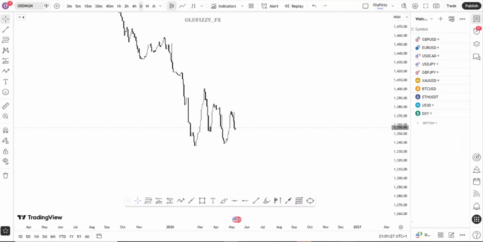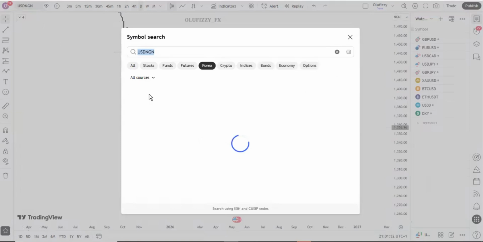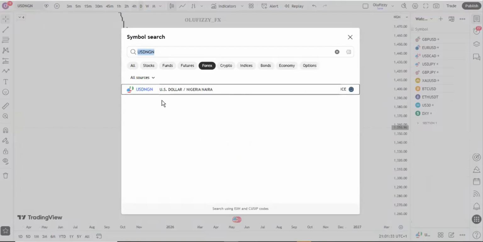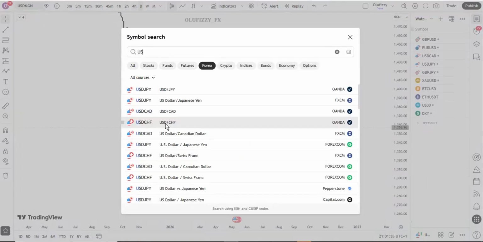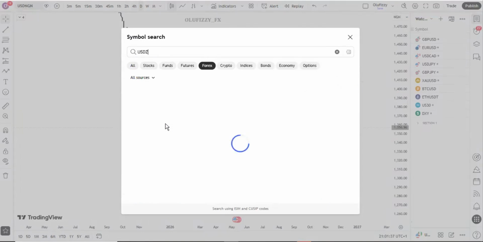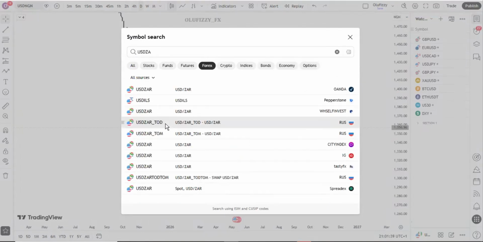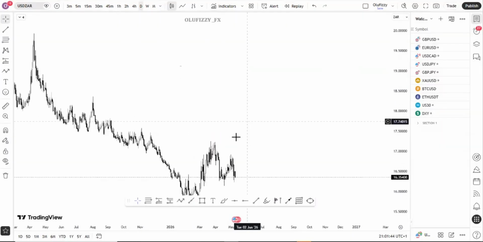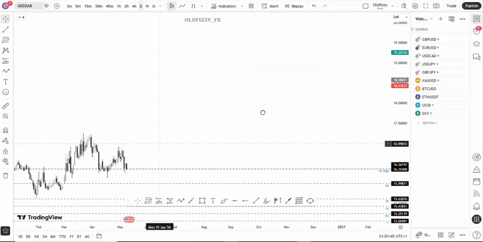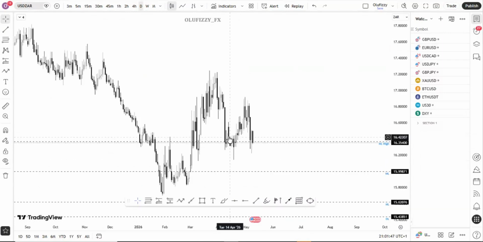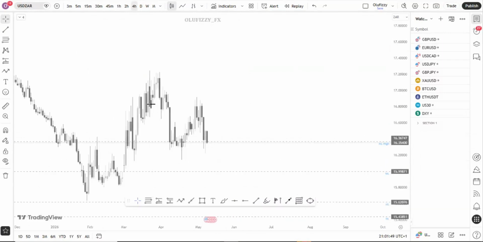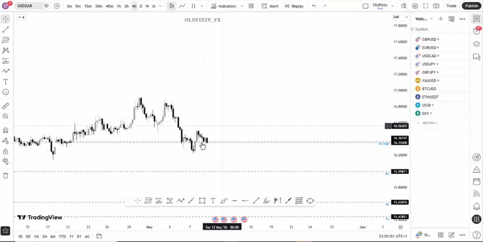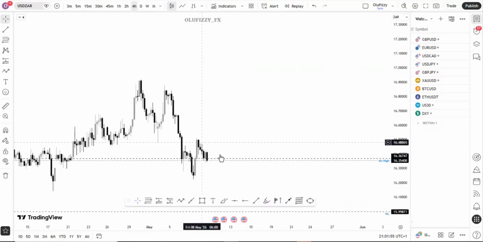Let's check USD ZAR. I think the price action for this one is still a little bit better, but the spread is going to be crazy. It's going to be very, very wide.